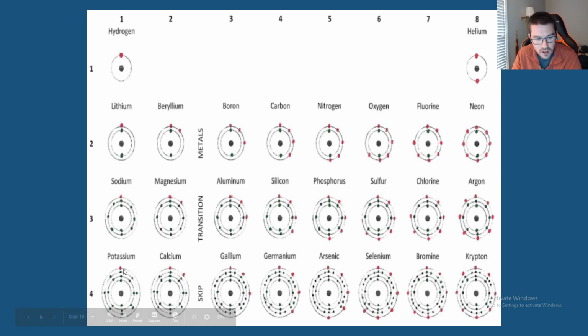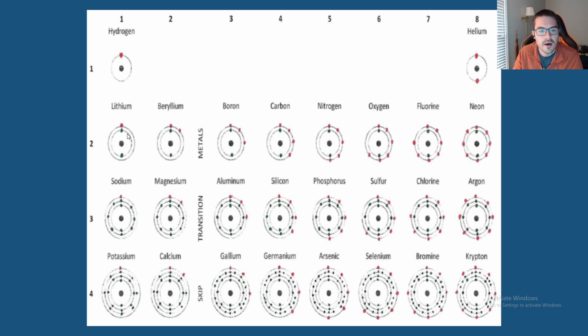Now, as you go down a column, that's a different story. But as you go across a period, adding electrons to the same valence level, so the second level here being the valence level, you're not really increasing the distance from the nucleus when you do that. In fact, as we'll see later, it's the opposite.